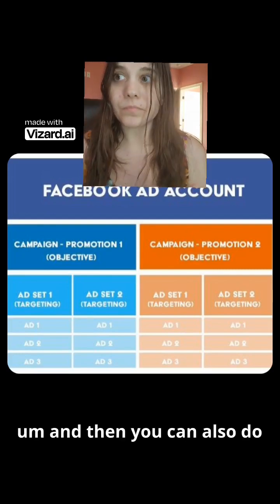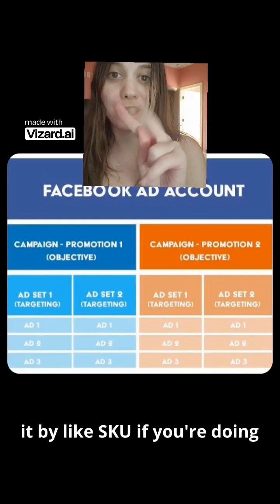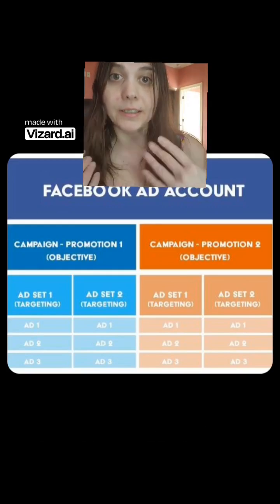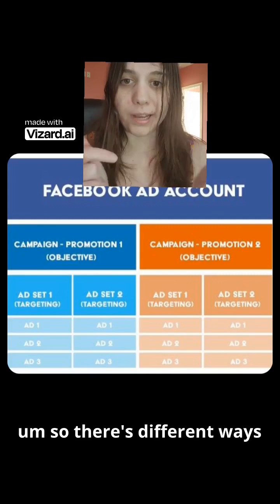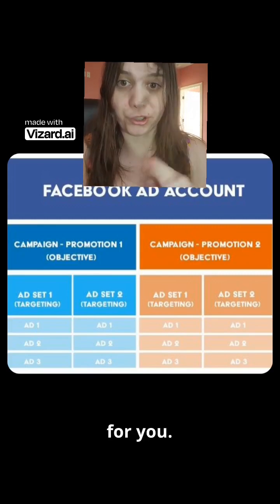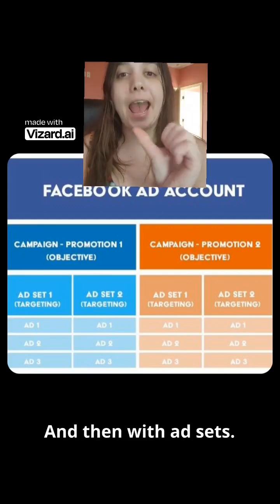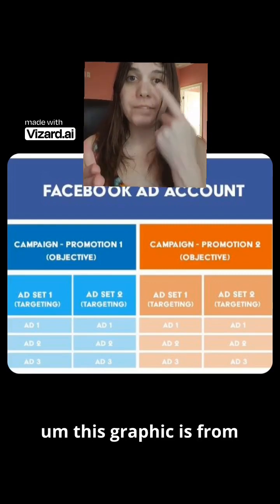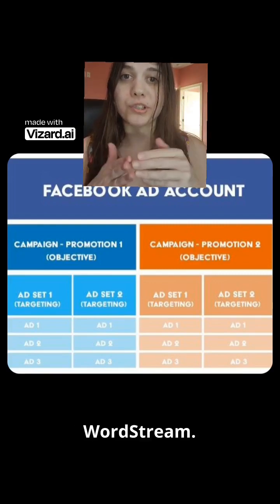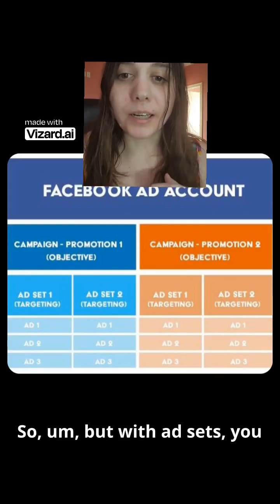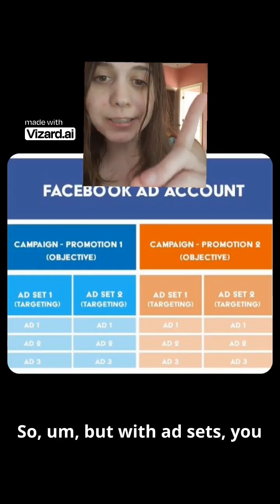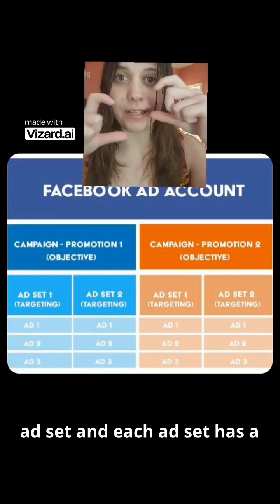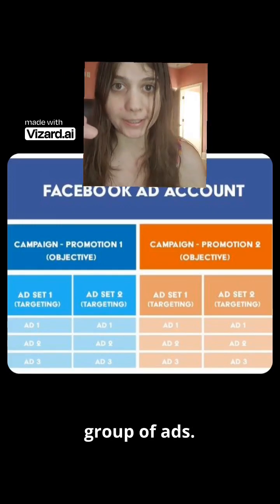And then you can also do it by SKU if you're doing e-commerce and you have that. So there are different ways to set it up for what works for you. And then with ad sets, this graphic is from WordStream. Each campaign has ad sets, and each ad set has a group of ads.